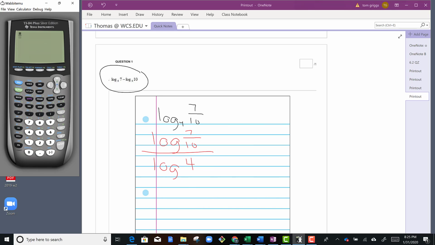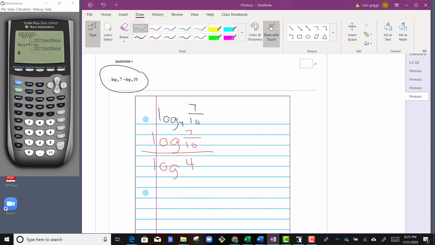Alpha y equals is handy here to put in a nice fraction. And again, we don't have to worry about putting anything for a base when it's base 10. And this will evaluate. Let's check to see if we can convert this to a fraction. We cannot, so we'll have to approximate that decimal.